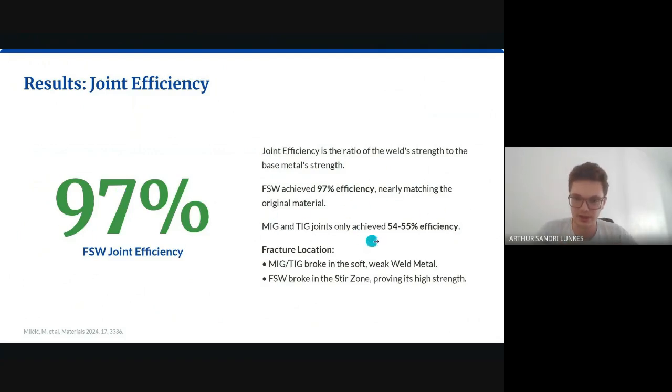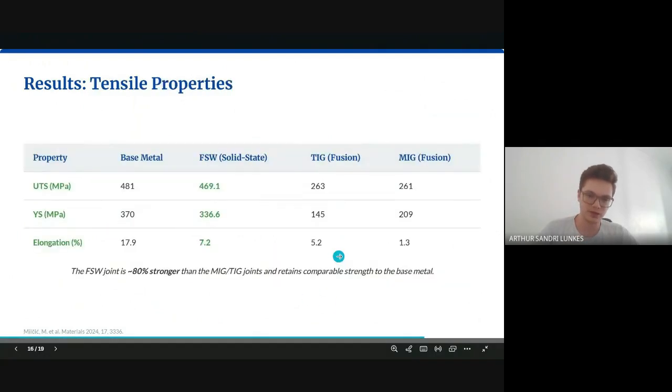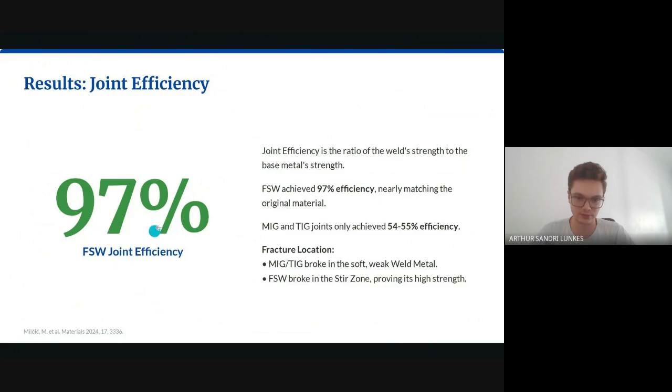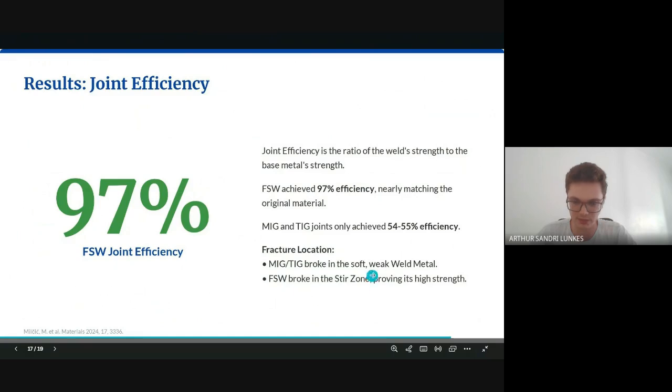And the MIG and TIG are more far, it's not so close to the 100%, so it's in the middle. So it's not so efficient as the friction stir welding. As you can see in the last one here, the friction welding is very close to the values of the base metal. So this is the reason why we have 90% of the joint efficiency. The fracture location in the MIG and TIG is in the soft region, and in the friction stir welding is in the steel zone.